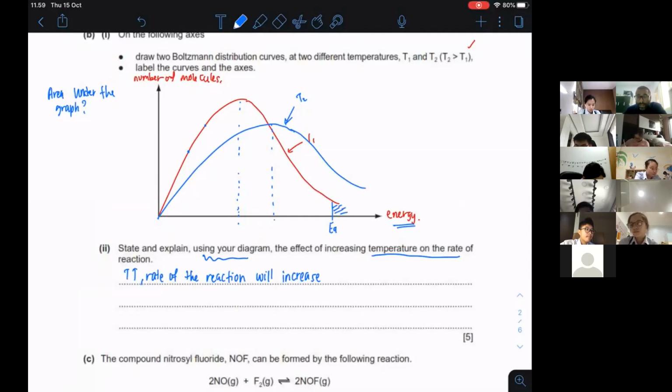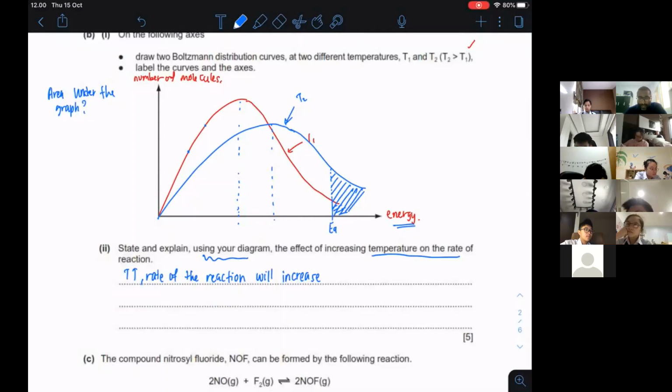Collisions will be there, but the collision that gives you successful collision is going to be the reaction. So now, because of that, you can see that if I use the second graph, I will have more number of molecules having more than activation energy. This is what they say, use your graph.